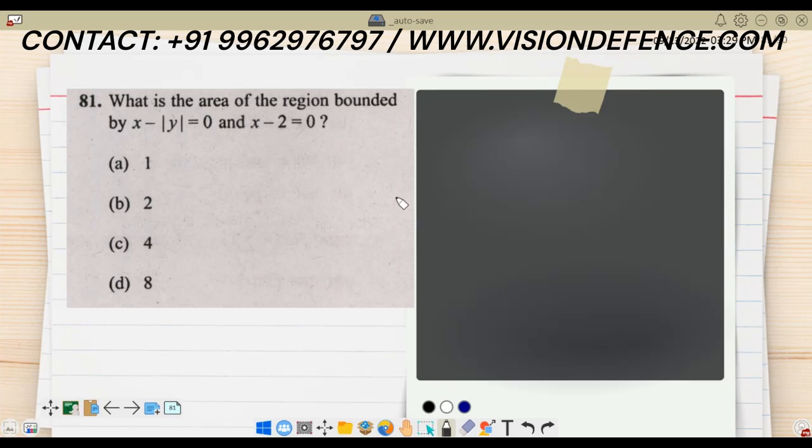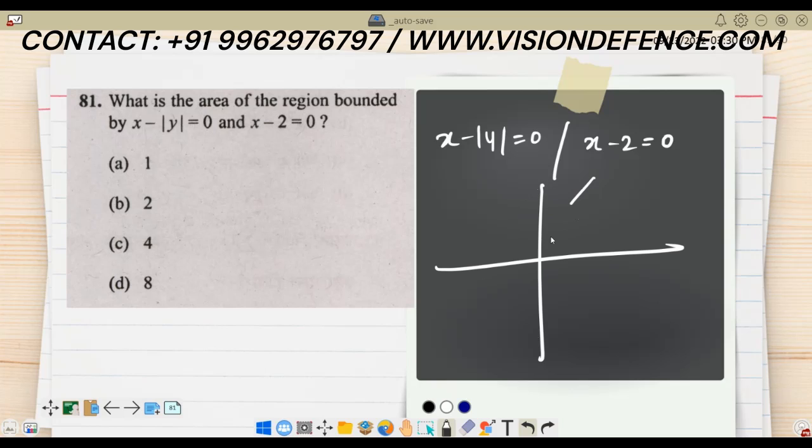What is the area of the region bounded by x minus modulus of y equal to 0 and then x minus 2 equal to 0? So this can be written as x equal to modulus of y. So x should always be a positive value. It's going to be like this. And then x equal to 2. That's going to be like this. We should find this area, right?